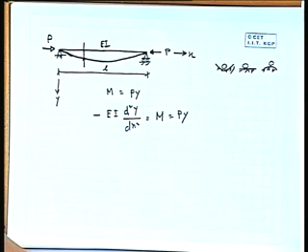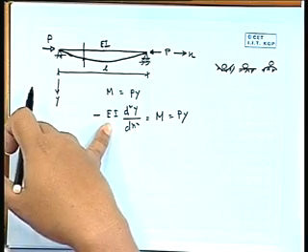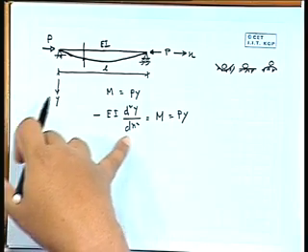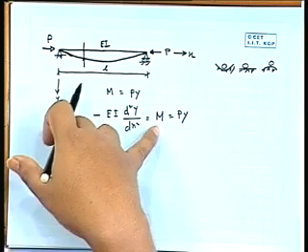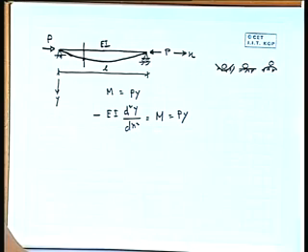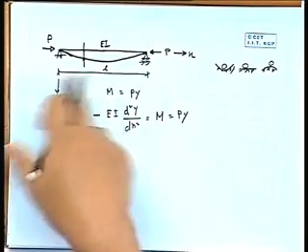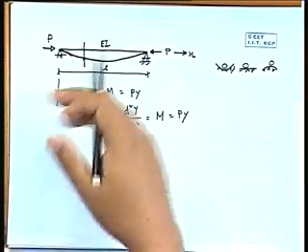EI is the flexural rigidity, d2y by dx square is curvature, and that should be equal to M. With that type of sign convention, if the moment is sagging, the curvature is negative, so there will be a minus sign. If the moment is the reverse, hogging type, with that sign convention the curvature should be positive. That part we have discussed earlier.